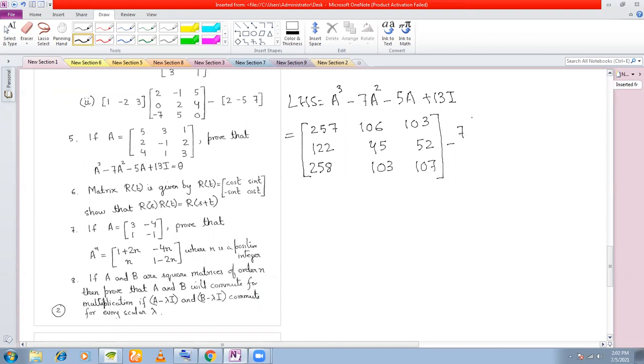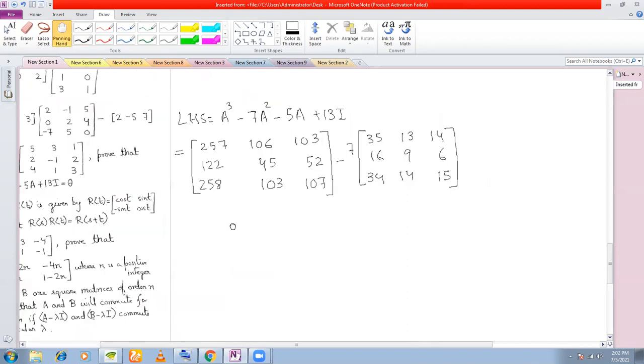Minus 7 times A square. What was the matrix A square we found out? It was 35, 13, 14, 16, 9 and 6, and 34, 14, 15. We found this out.